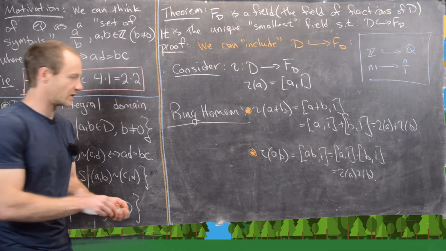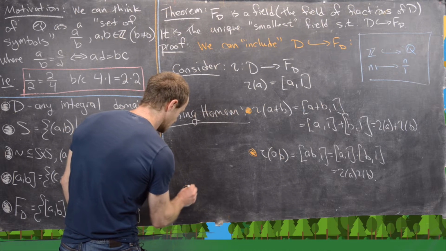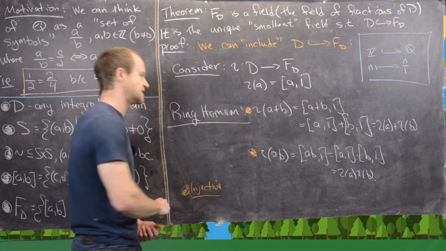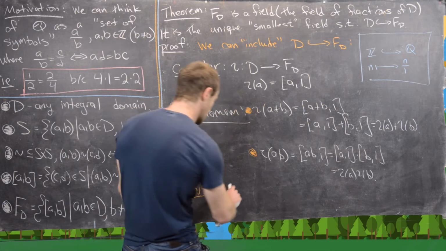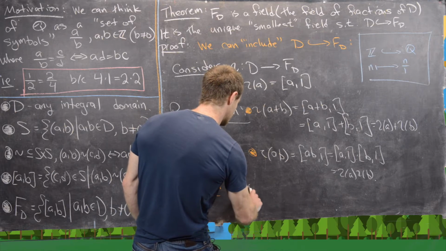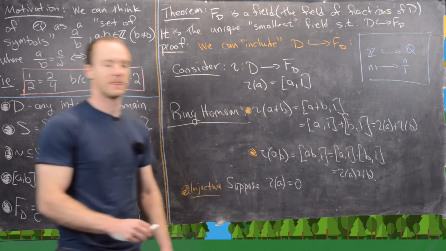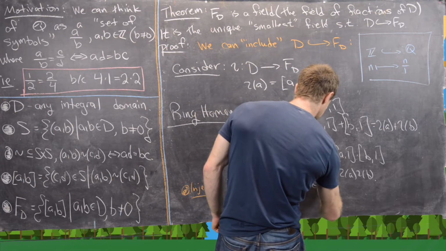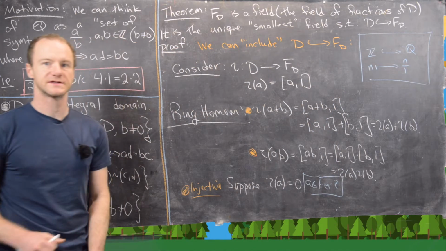Now the next thing that we want to do is to show that it is injective. Let's recall that a ring homomorphism is injective if and only if the kernel is the 0 element. So let's suppose that iota of a equals 0. In other words, a is in the kernel of this homomorphism.